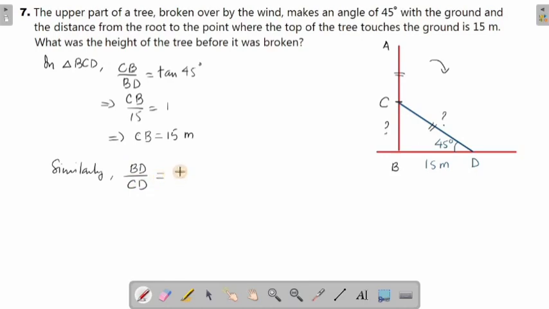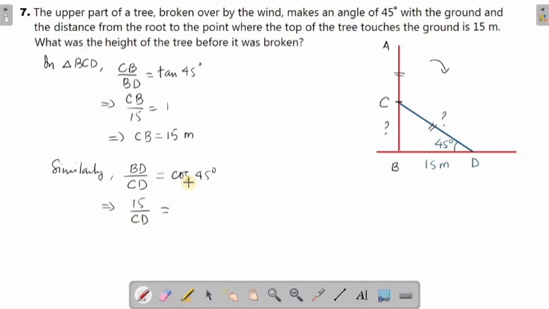Base by hypotenuse is cos 45 degree. BD is 15, CD we don't know, cos 45 degree.